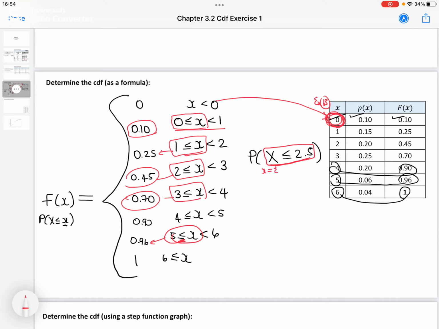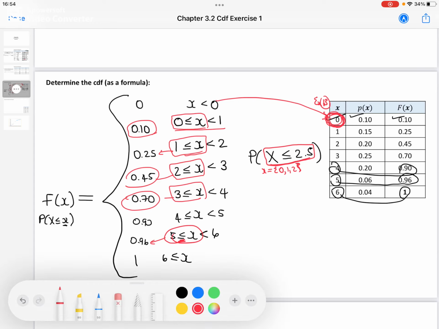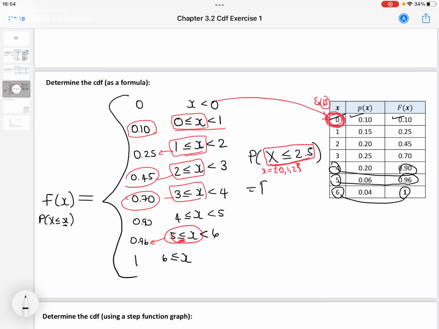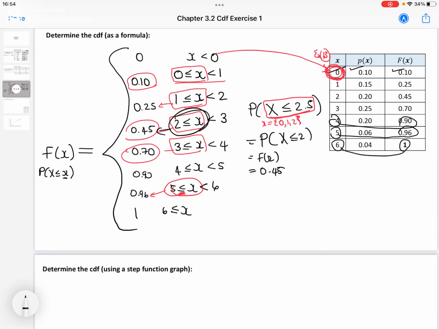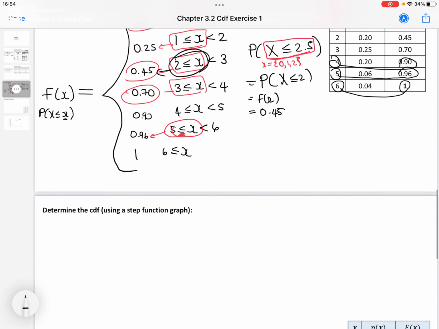In your mind, think about them or write them down for yourself. So the possible values are 0, 1, and 2. We don't have the possible value 2.5, but there are other possible values that are less than 2.5, which are 0, 1, and 2. This means that this probability is just equal to the probability of x less than or equal to 2, and that is equal to F(2). Where is 2 included? It's right there. It's 0.45. All right. Does it make sense? Okay, cool. We will do a couple of other examples.